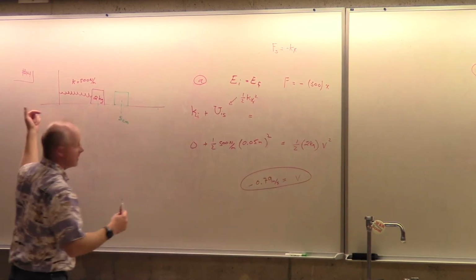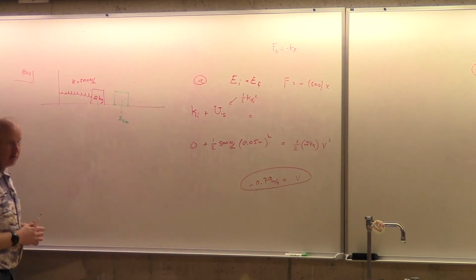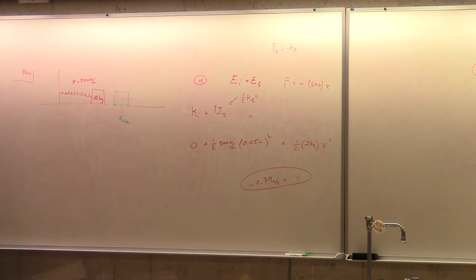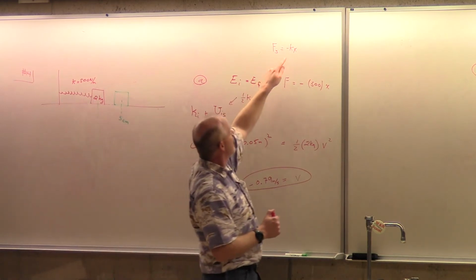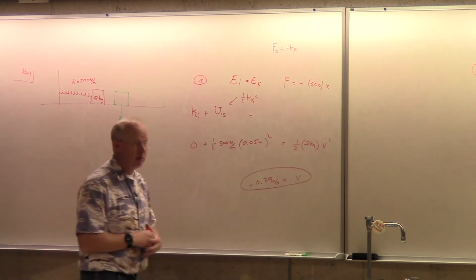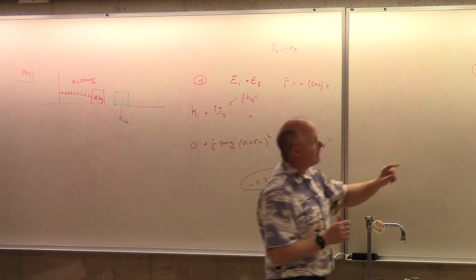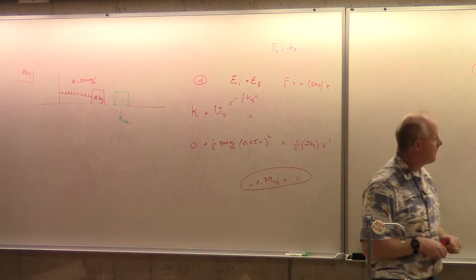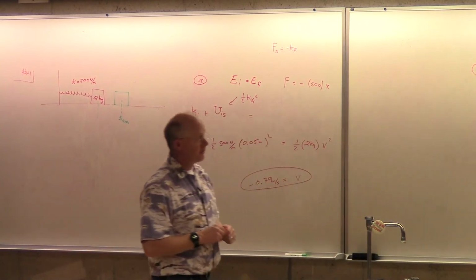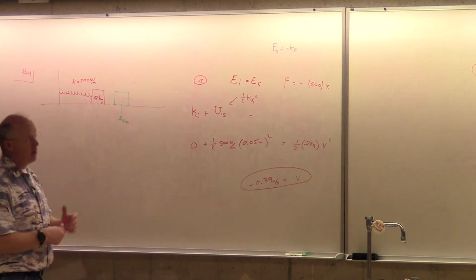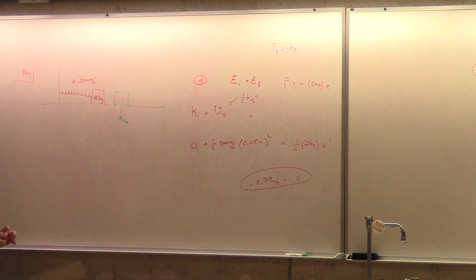So as I compress it in, the force is this way. But the spring constant k has never been negative. We do have a negative in the equation, but k is not a negative number. And so we don't use a negative number here. Otherwise we'd be really in trouble mathematically, because we'd be trying to take the square root of a negative number.